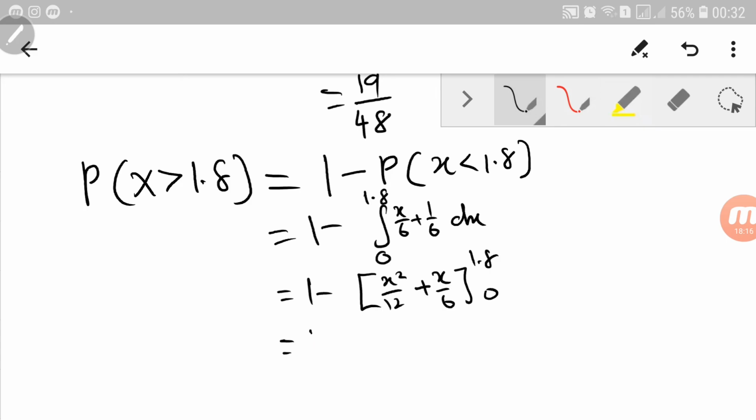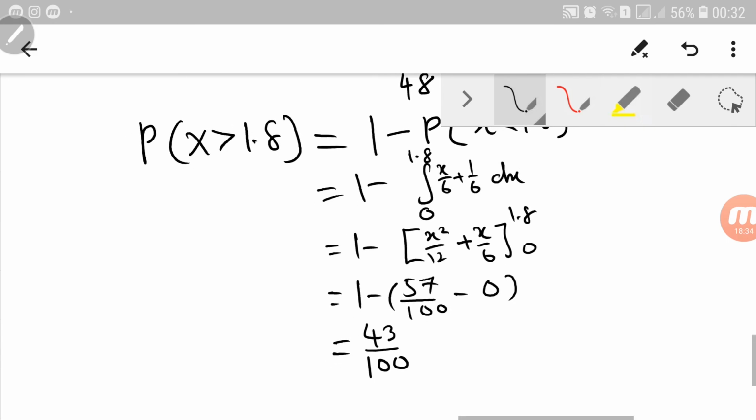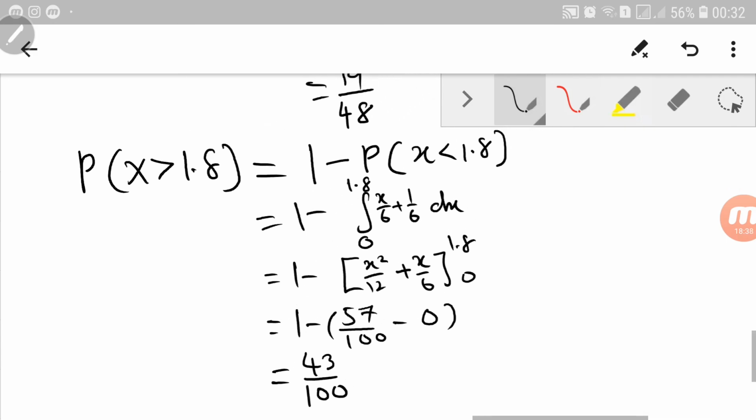So the value is 1 minus, when we substitute all this, 57 over 100 minus 0. So 1 minus that is 43 over 100. So that is the probability for the last question. Thank you for your time and attention. Assalamualaikum. Good day.